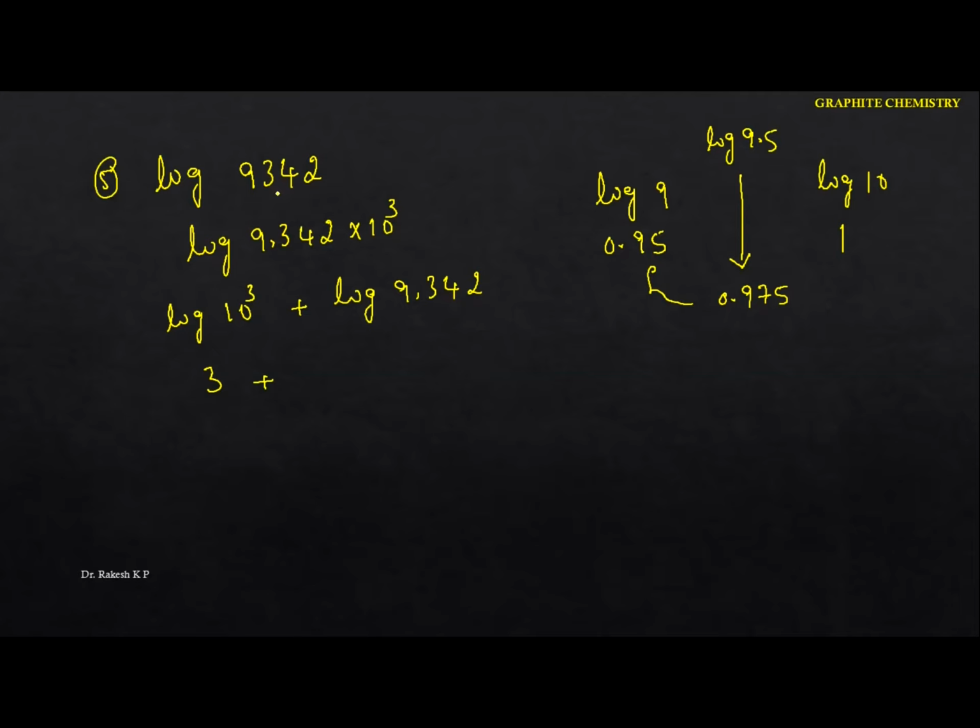I'm going to take it almost near to the 5, hence I'm going to take the value 0.97. Hence the final value is 3 plus this value, 3 point 97. The value for log 9.342 into 10 to the power of 3 is 3.97.